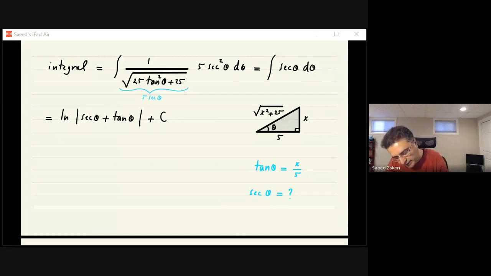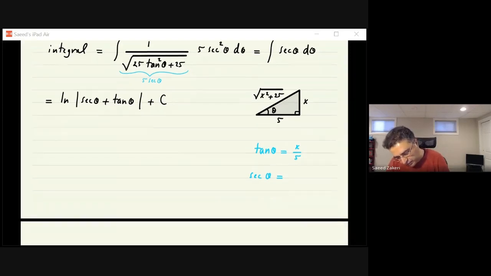So it follows that secant of theta is square root of x squared plus 25 divided by 5. Cosine would be 5 over square root of x squared plus 25. Secant is the reciprocal of that.